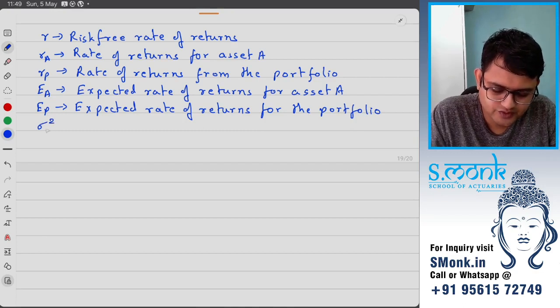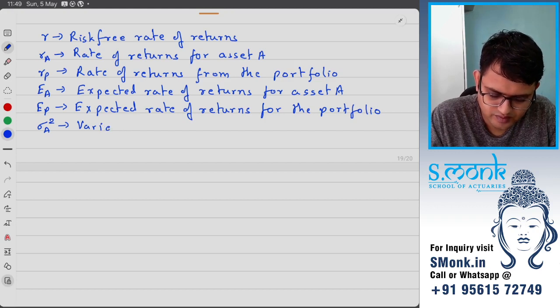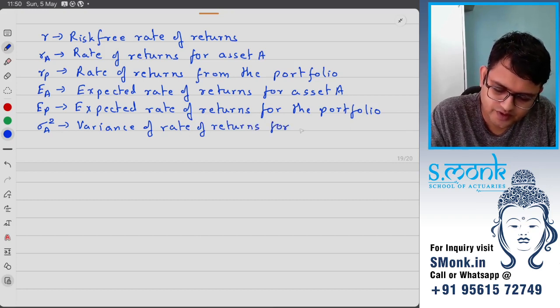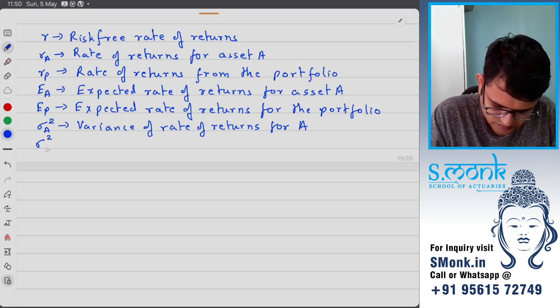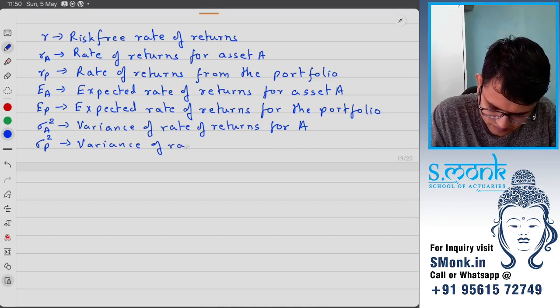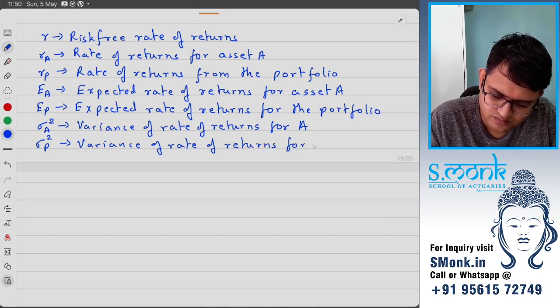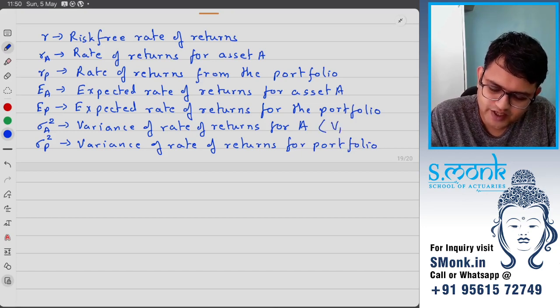Then we'll use sigma square A, the variance of rate of returns for A. We may also write this as VA, variance, and this we can also write as VP.